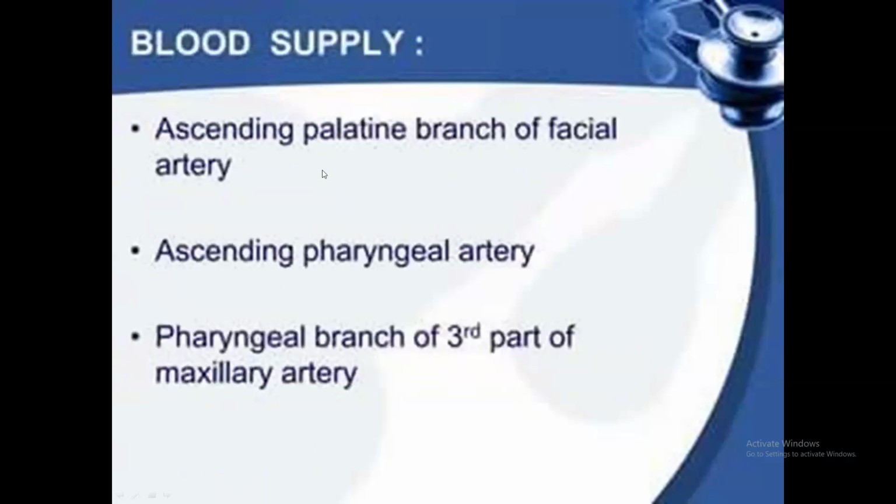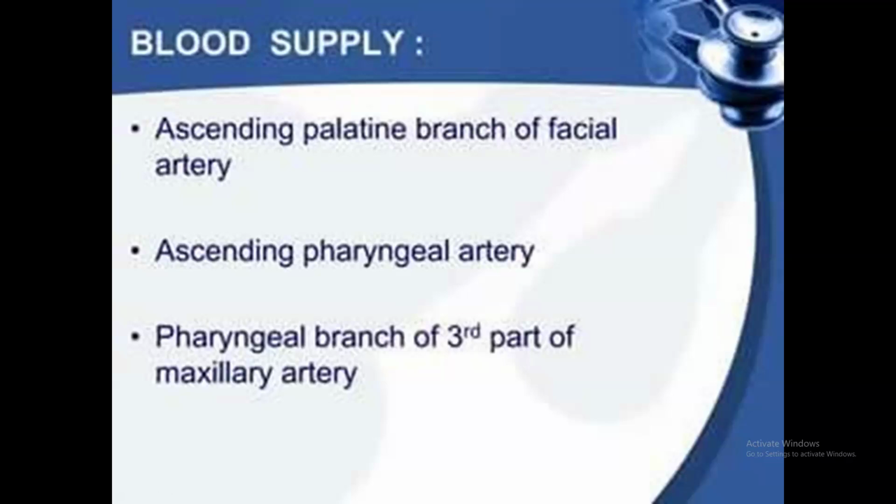Then the blood supply: they are supplied by the ascending palatine branch of the facial artery, the ascending pharyngeal artery, and the pharyngeal branch of the third part of the maxillary artery. I will repeat: adenoids are mainly supplied by the ascending palatine branch of the facial artery, so the facial artery is the main blood supply.